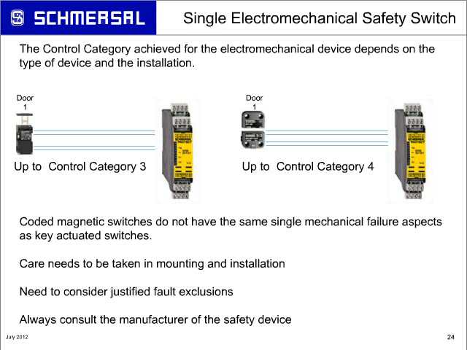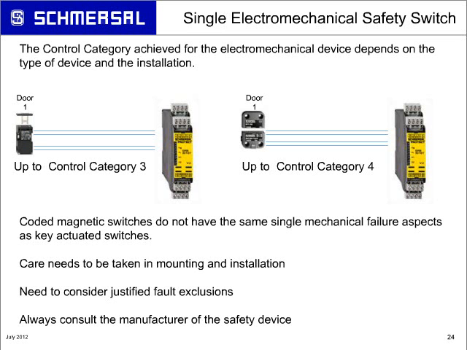Coded magnetic switches are electromechanical devices in nature, but they use magnets. They're non-contact. So you don't have mechanical linkages or arms. So using a single coded magnetic switch and based off of how it's installed may give you up to a control category 4. You see some of the notes down there because you don't have the same mechanical failures, and it does come into account the mounting and installation.